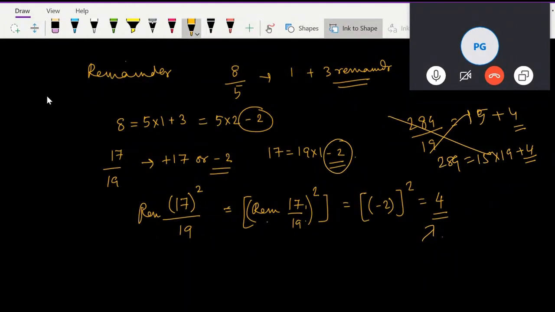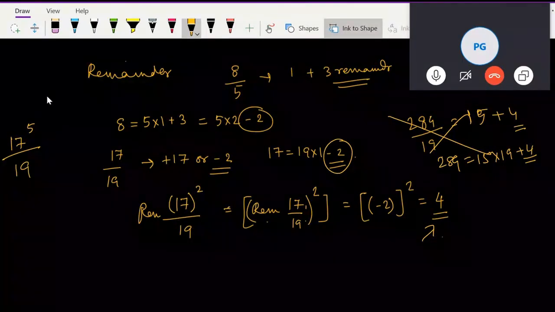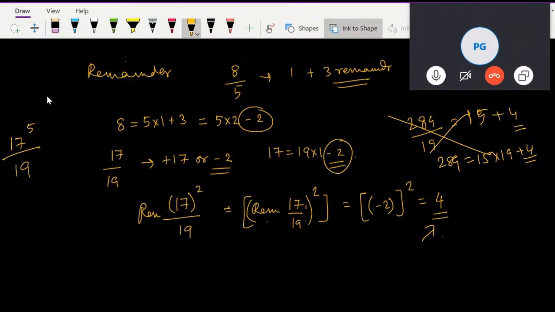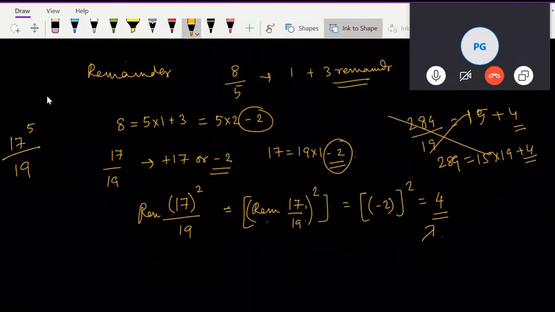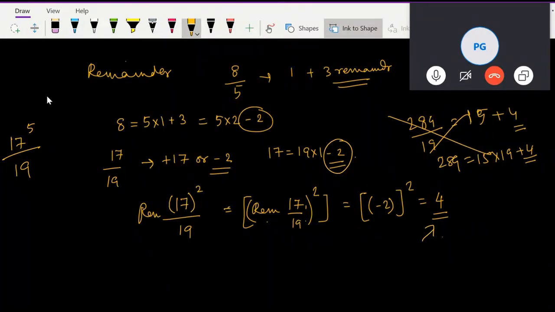Right? Now tell me, what would be the remainder when 17 to the power 5 is divided by 19? Thirty-two. Sorry? 13.